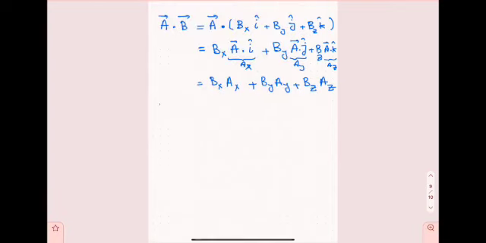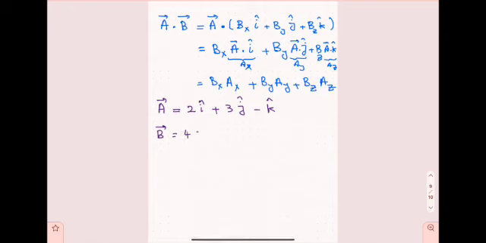So let's say we have a vector A, and A is 2i hat, 3j hat, and minus 1k hat. Yeah? And we have another vector B, again some random values I wrote here.